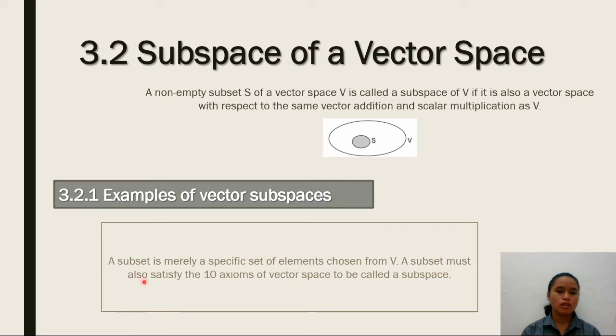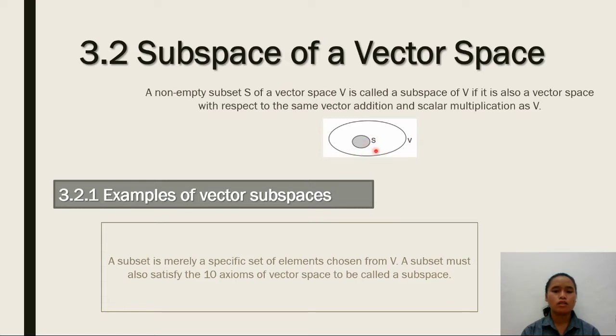A subset is merely a specific set of elements that come from V. So this is an element from V, this is an element from V. A subset must also satisfy the 10 axioms of a vector space to be called a subspace.